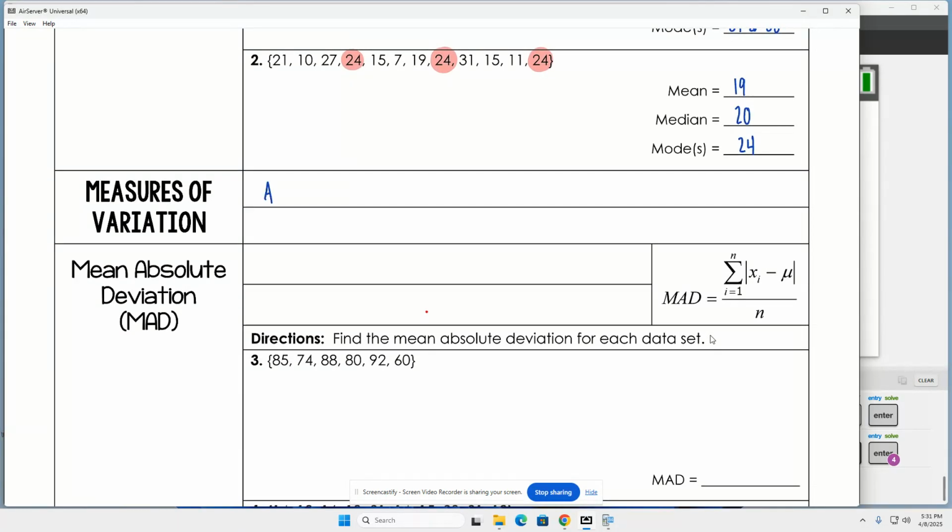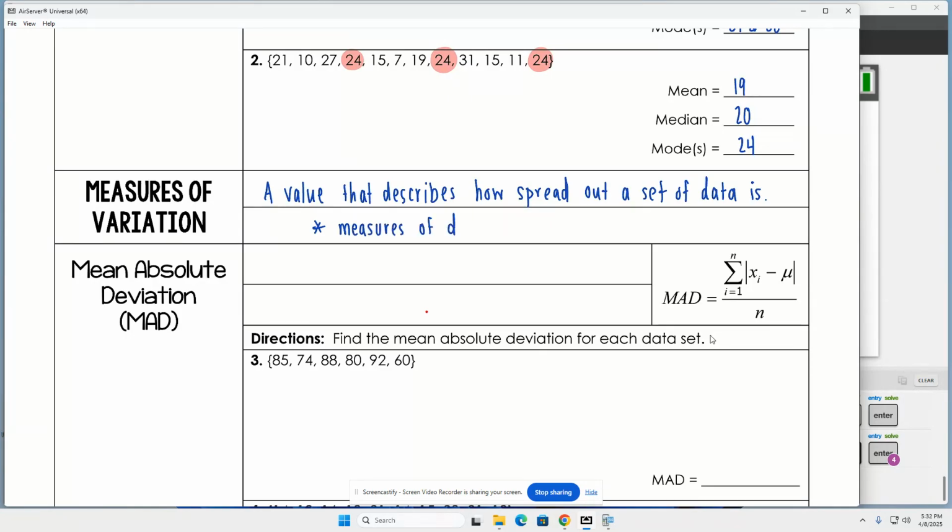Measures of variation is a value that describes how spread out a set of data is. Okay, so another way of understanding this is it's called measures of dispersion.